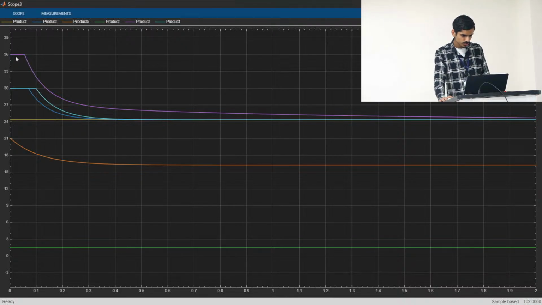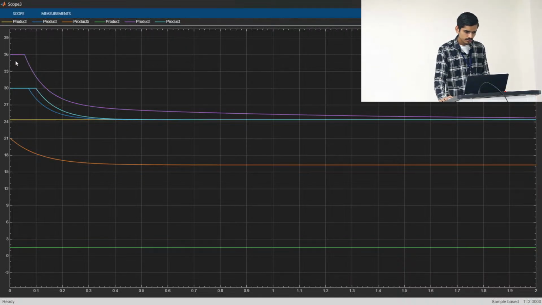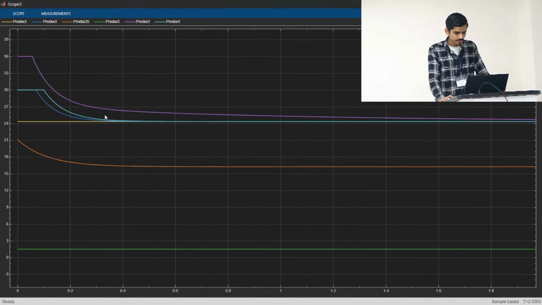If you are able to see, this has more overshoot spike, because when we model anode and cathode potentials differently, we have more capacitance value there, which results in a larger RC value. That's why there is more spike. Apart from that, all these values settle after some time at the same value.